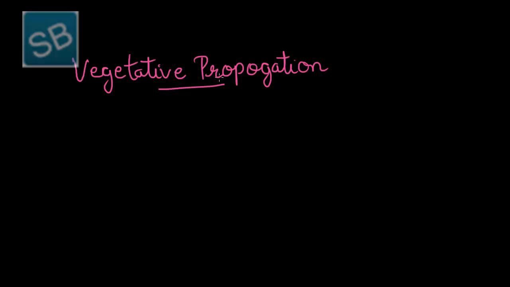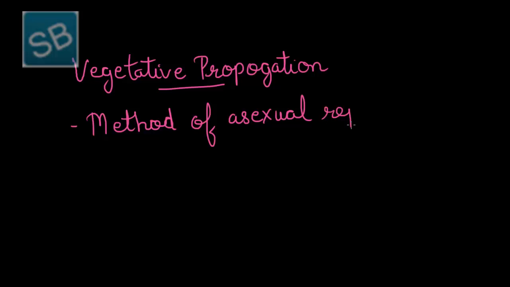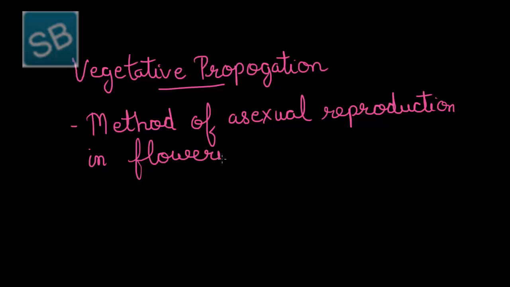Vegetative propagation is a method of asexual reproduction, or rather it is a type of asexual reproduction in plants, mainly in flowering plants, where some part of the organ of a plant is used.